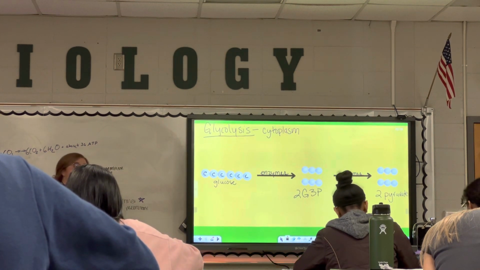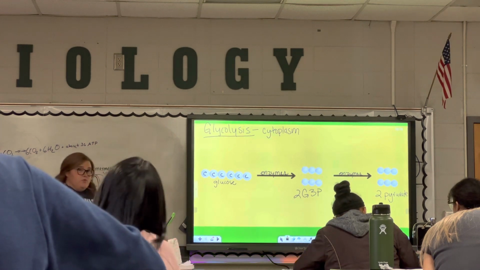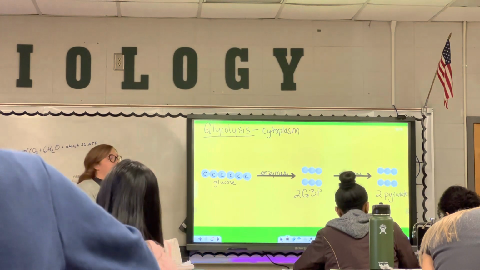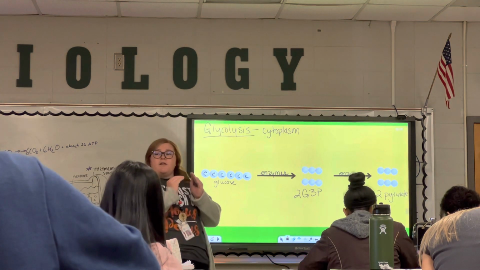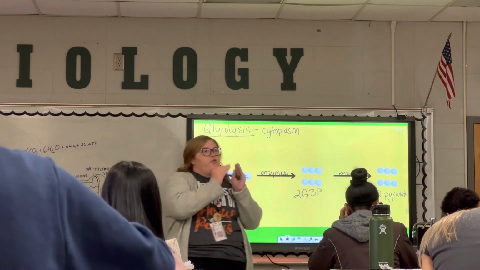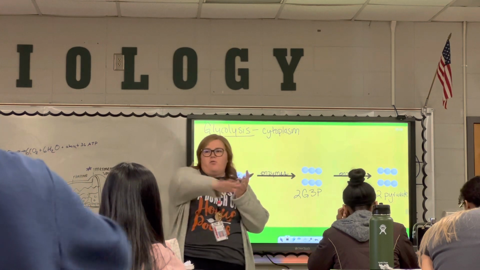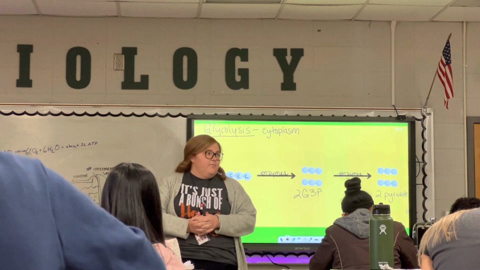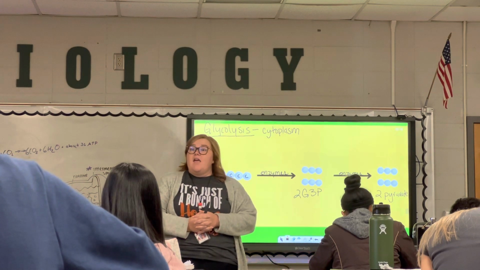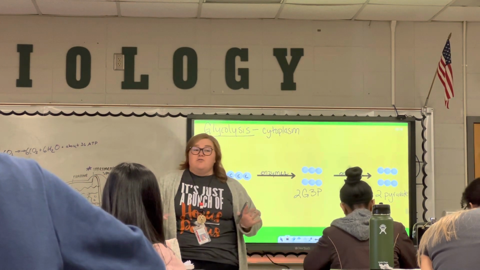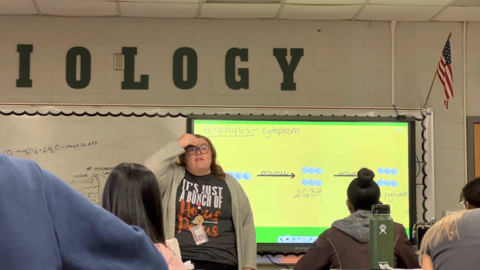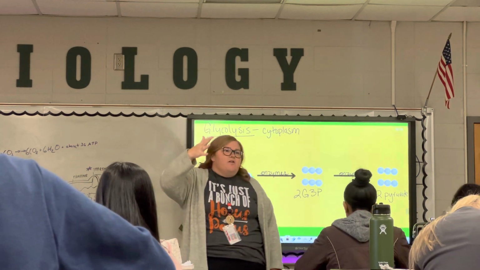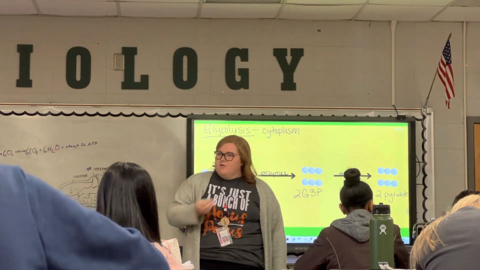The very first cells were what type of cells? Prokaryotic, right? So those very first prokaryotic cells on early Earth, what did early Earth look like? Extreme environment. Think volcanoes, there's no greenery, there's no oxygen in the atmosphere, there's no way to support life.